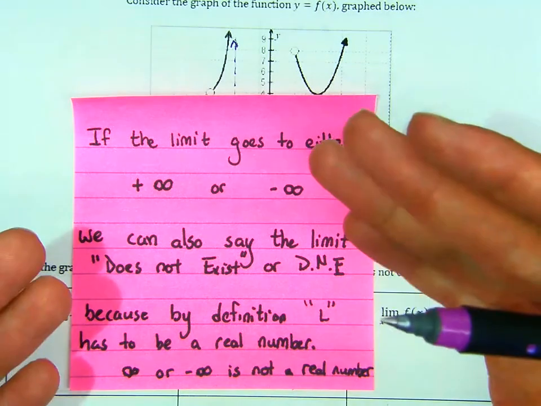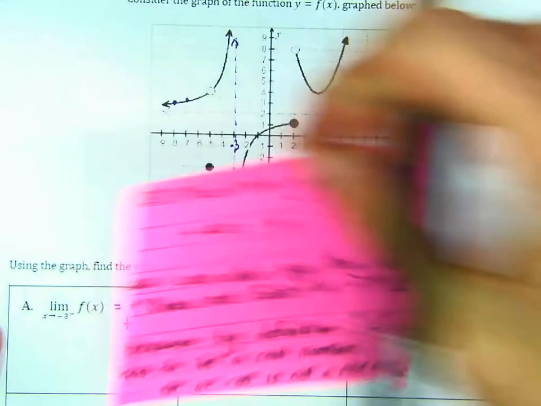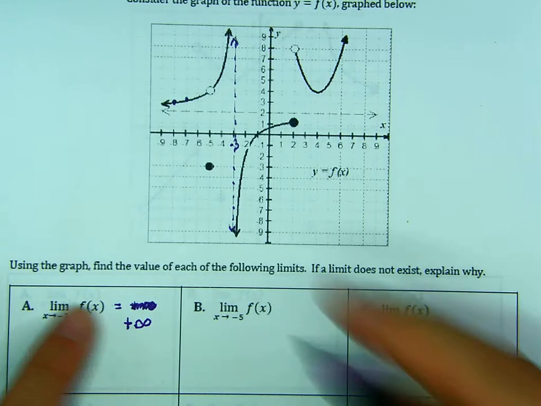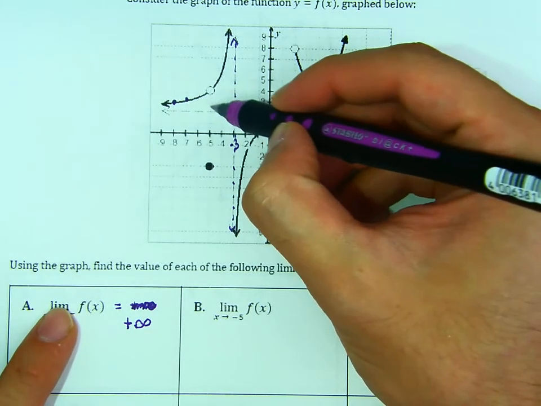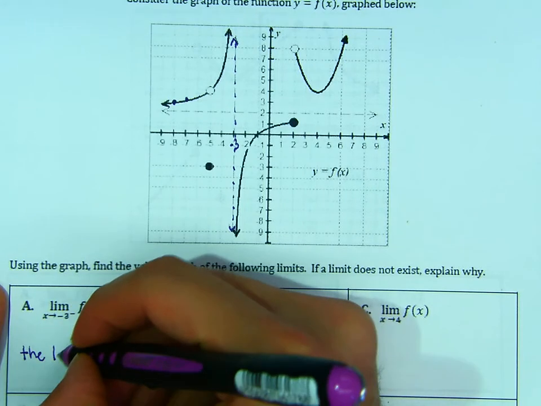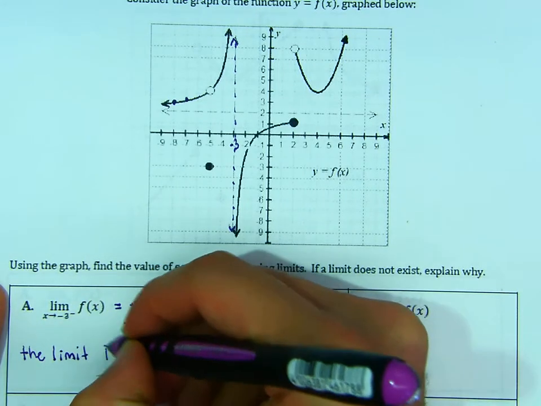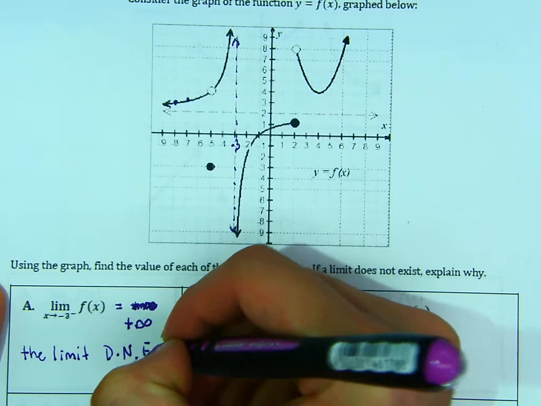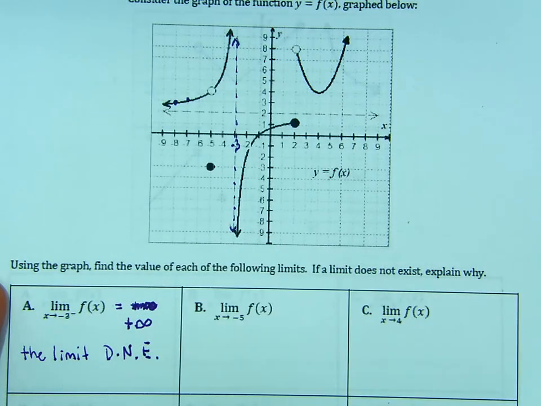They're ideas, okay? So you see the limit goes to positive infinity as x is getting closer to -3, but we say the limit does not exist. And that's the DNE over here, okay?